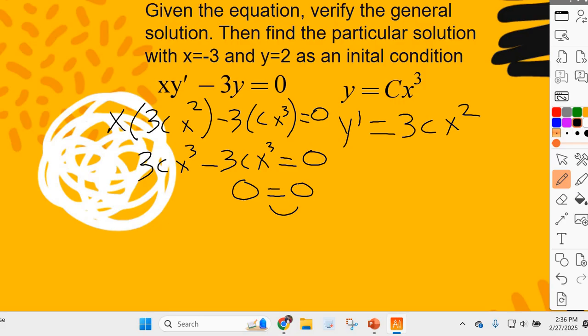Then the next step is it asks us to find the particular C value. Where am I plugging those values back into? It says initial condition, so do we plug into the original equation? It gives us an x value and a y value.